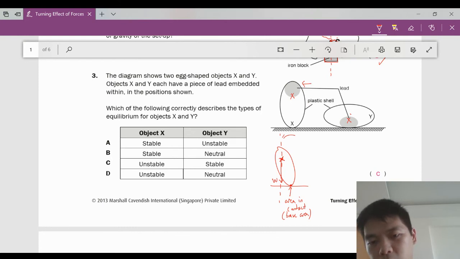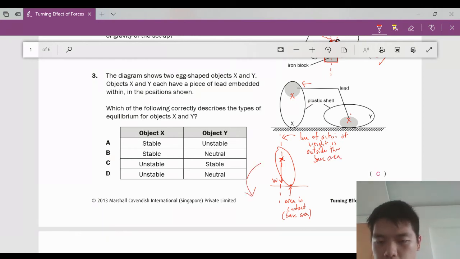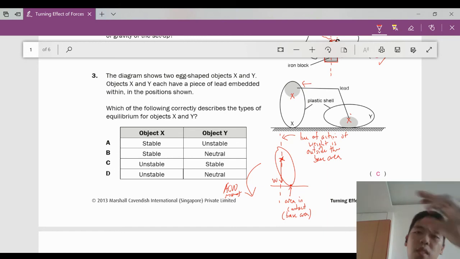So this line of action of weight is outside the base area. What will happen is this will give it an anti-clockwise moment, and then your item will swing downwards.